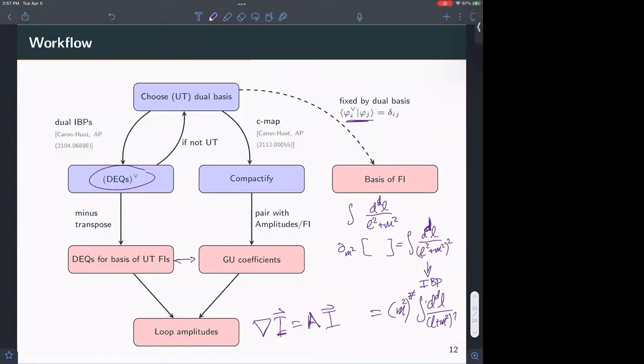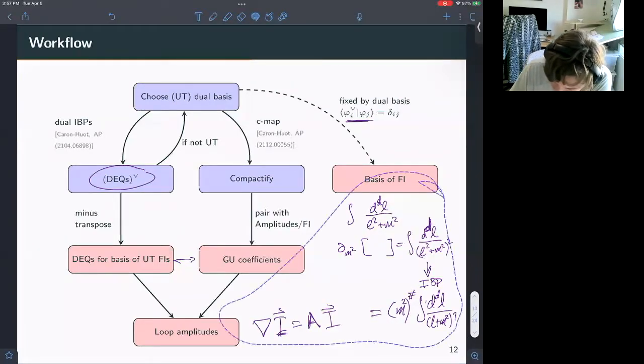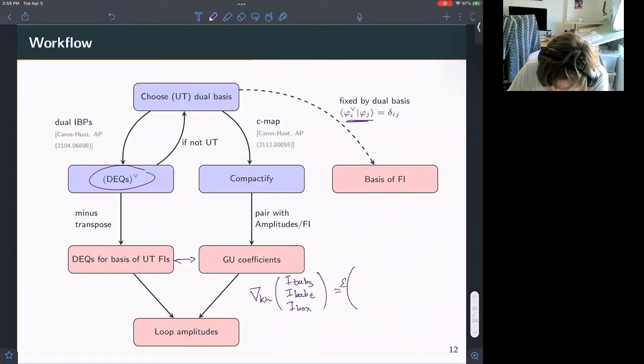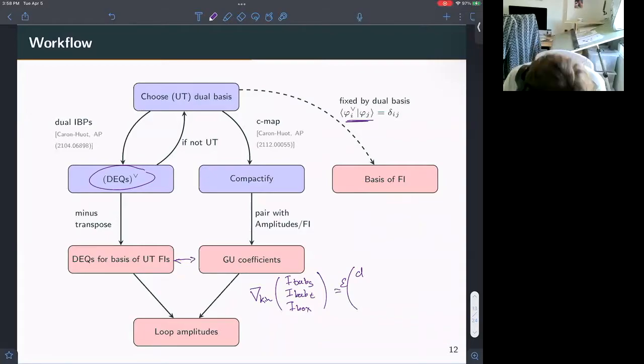Can you give a more complicated one, let's say for the box diagram? Yeah, so actually, yes, I do know the box off the top of my head. Would you mind writing down the box integral? Oh, yeah, sure.